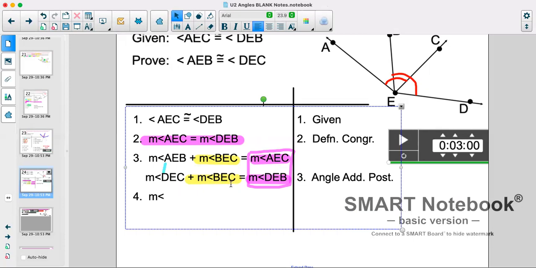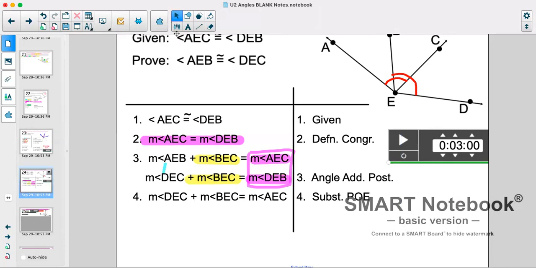I'm going to say the measure of angle DEC plus the measure of angle BEC equals, instead of DEB, the measure of this, because they are equal to each other. So by substitution, I can take DEB out and I can put AEC in its place by substitution property of equality. So now check out what we have. These two are equal.